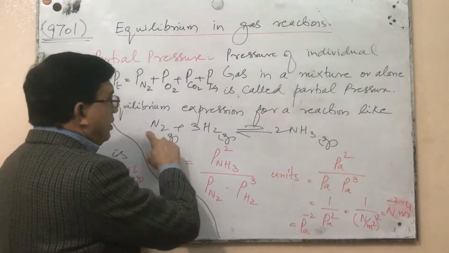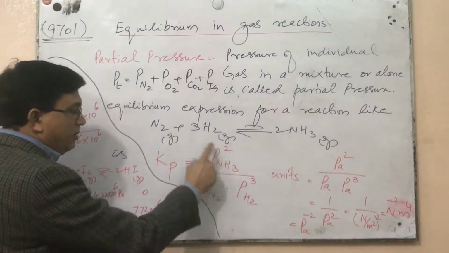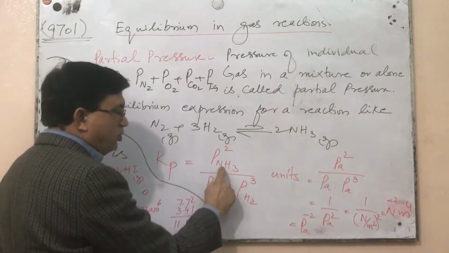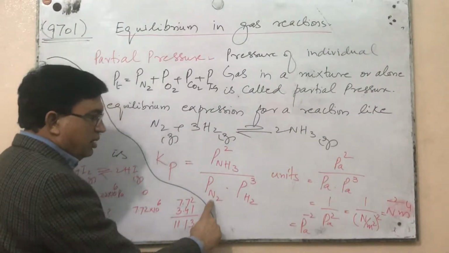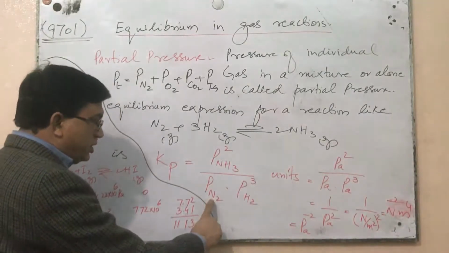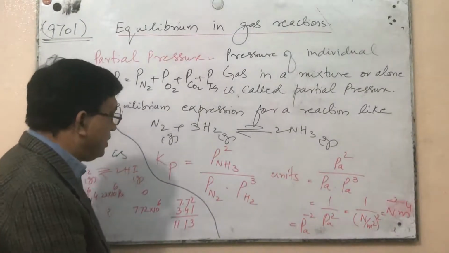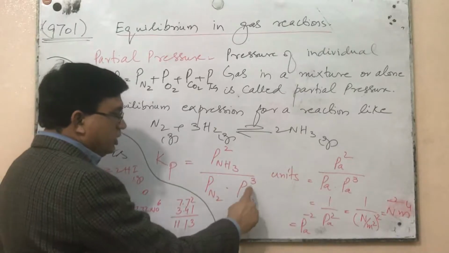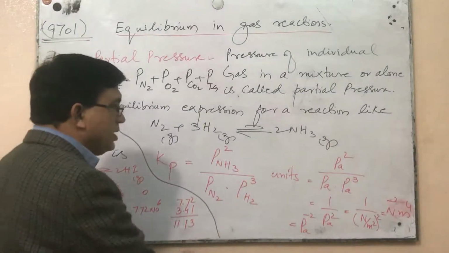For the formation of ammonia, the equilibrium constant expression is Kp equal to the partial pressure of ammonia raised to power 2, divided by the partial pressure of nitrogen raised to power 1, because 1 mole of nitrogen takes part in the reaction, multiplied by the partial pressure of hydrogen raised to power 3, because 3 moles of hydrogen take part in the chemical reaction.